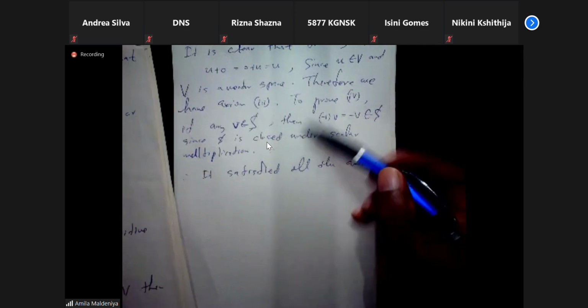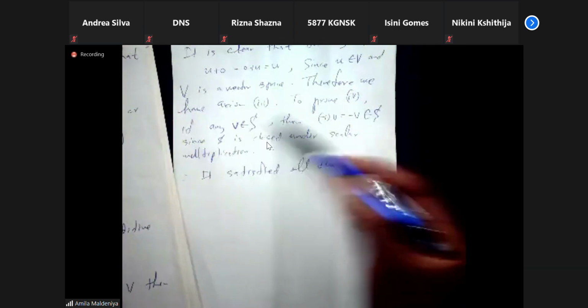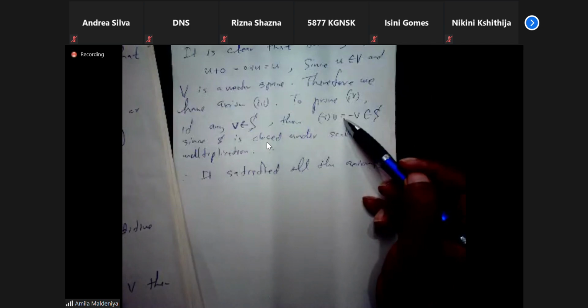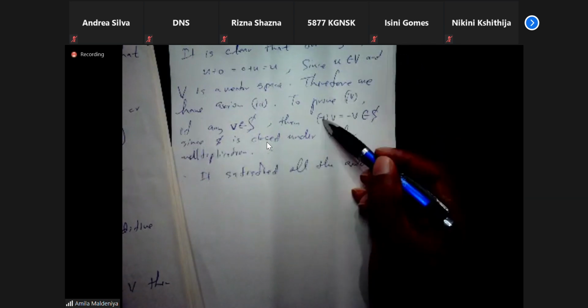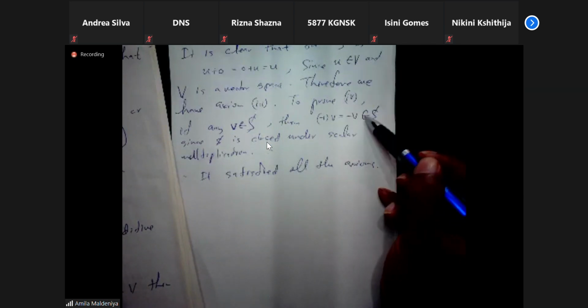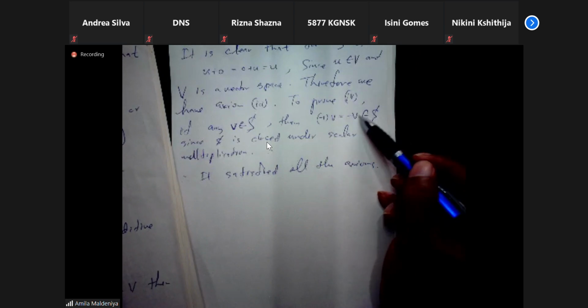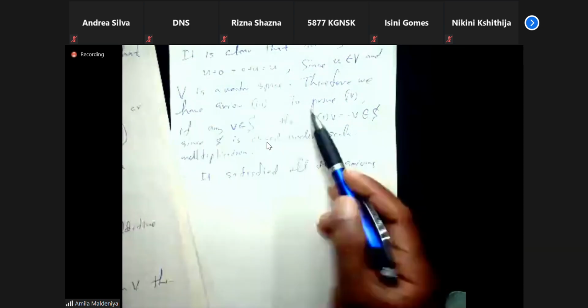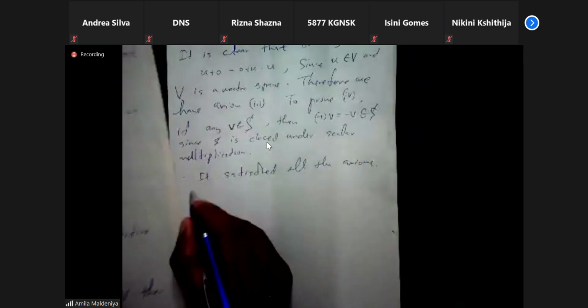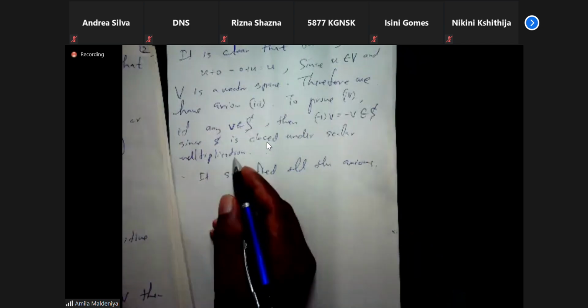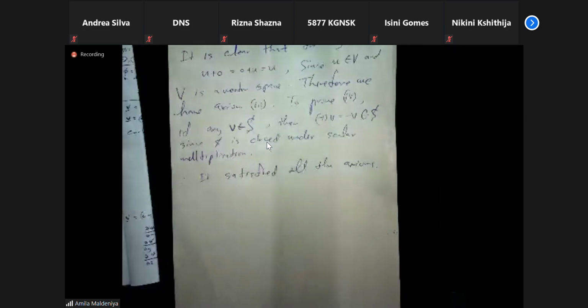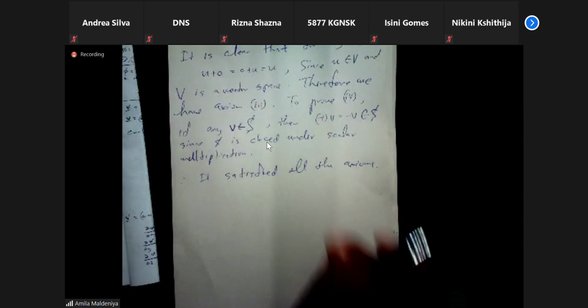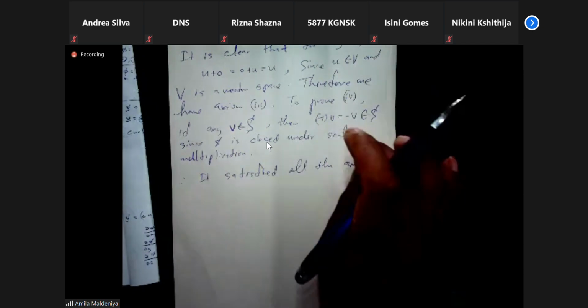If I take any element in S, since it's closed under scalar multiplication as in the previous part, negative 1 times x is also in S. So this element is in S. Now definitely we can prove x plus negative x is the zero element. Therefore it satisfies the fourth axiom.